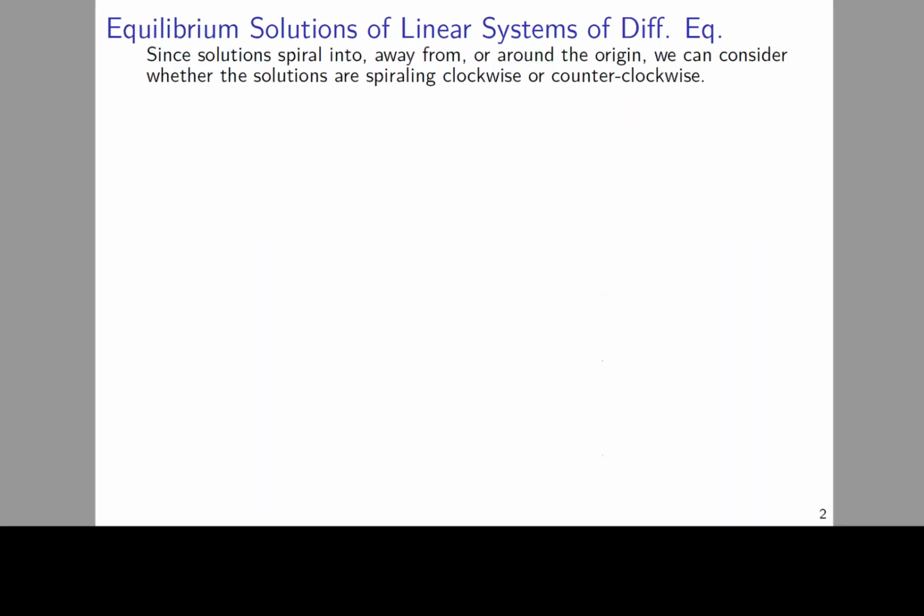Since all solutions of linear systems of differential equations with complex eigenvalues either spiral into, away from, or around the origin, depending on if it's a spiral sink, spiral source, or center, we can consider whether the solutions are spiraling clockwise or counterclockwise around the origin.